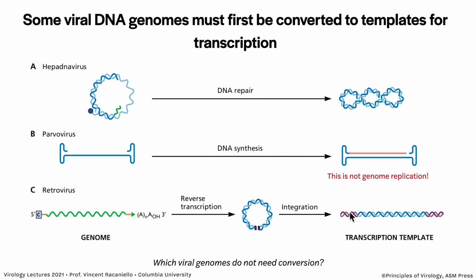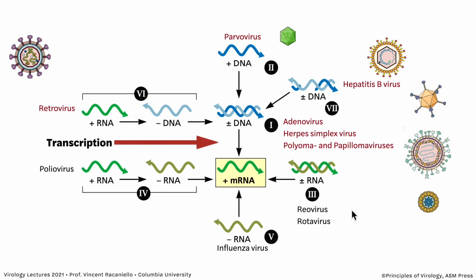But when I say the first biosynthetic event, what I'm referring to is mRNA synthesis, not repair. A biosynthetic event in terms of the overall reproduction of the virus. So which genomes do not need conversion? Well, the double-stranded DNA viruses, like the polyomaviruses that I've just shown you, and the papillomaviruses, closely related viruses to polyomaviruses, which cause warts in people and cancers, which we'll talk about later.